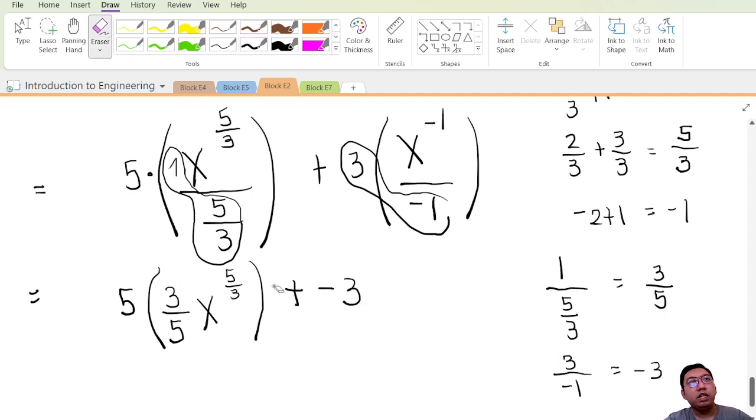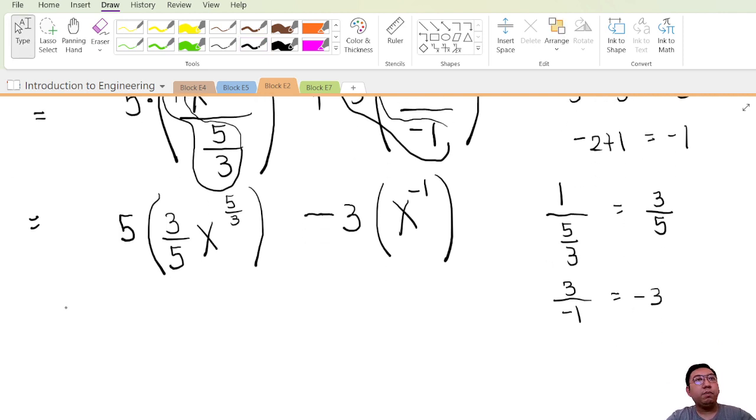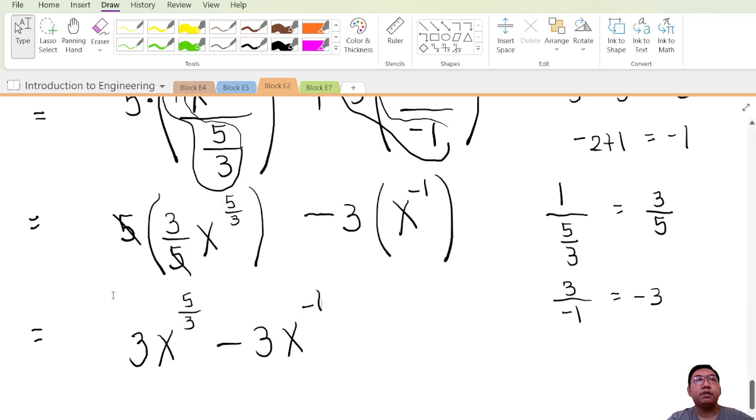So you can immediately write the negative sign right away and then multiply it with x to the negative 1. So 5 times 3/5 actually cancels out. So you have 3x to the 5/3 minus 3x to the negative 1.